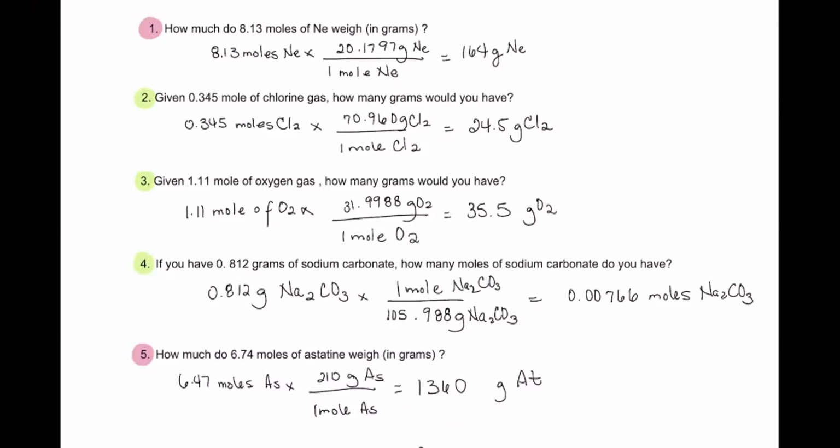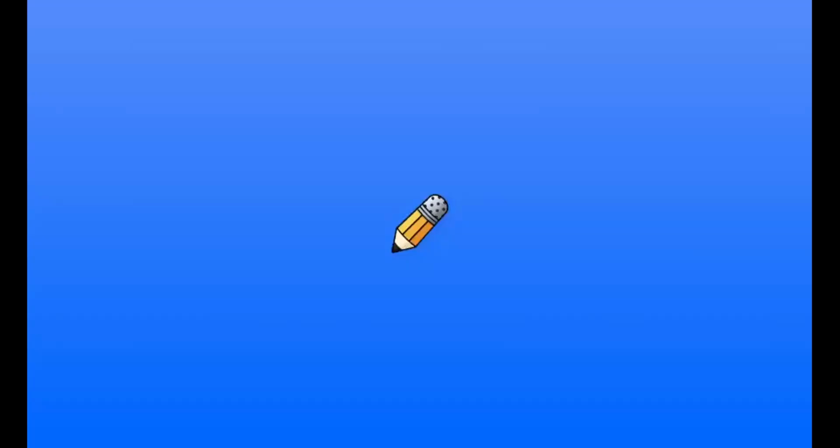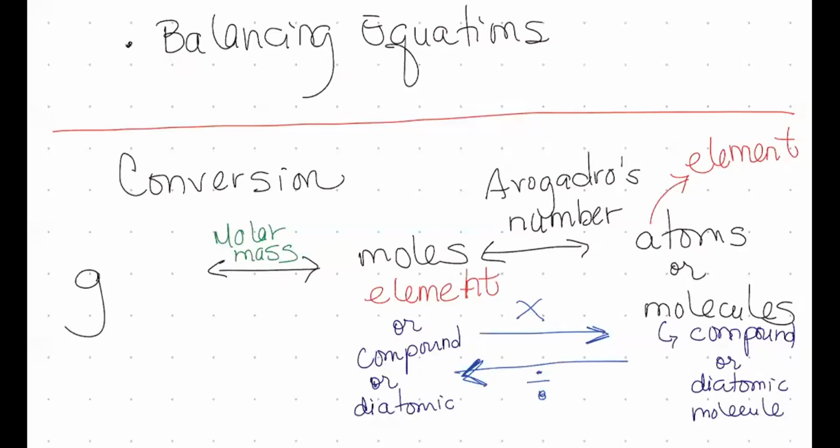There's another conversion, since there are no questions. The next conversion that you guys need to know for the exam I'll show right now. If you are given moles and you need to find grams, you multiply by the molar mass.